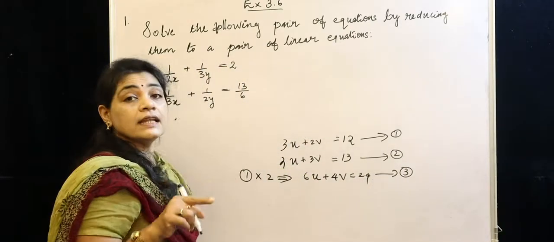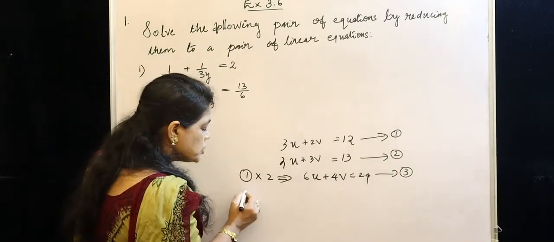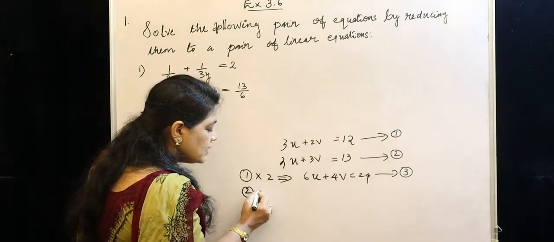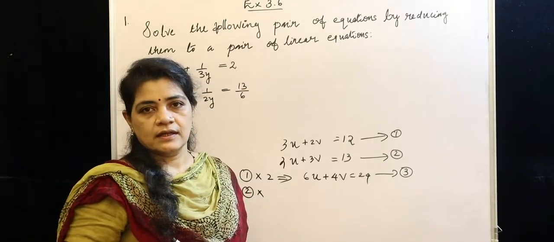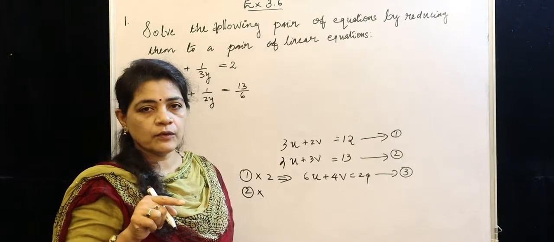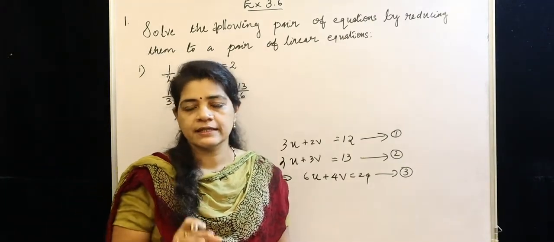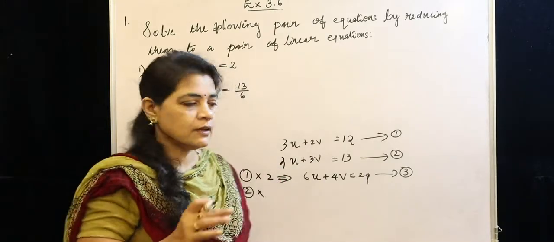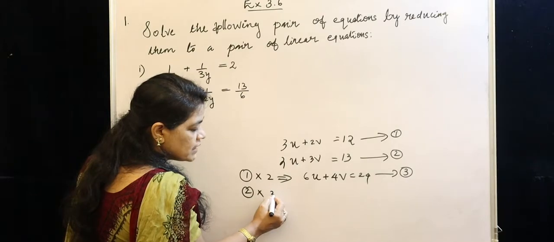And see the next step. I am going to multiply equation 2 with the coefficient of u in the first equation. Children, don't confuse this step. Then only you can make the coefficient of u the same. Understood? That means the coefficient of u in the first equation is 3.